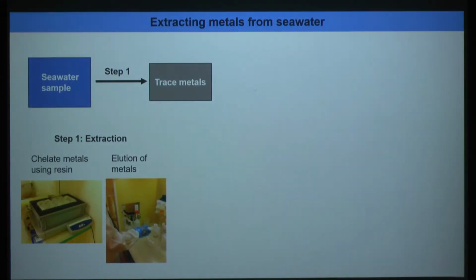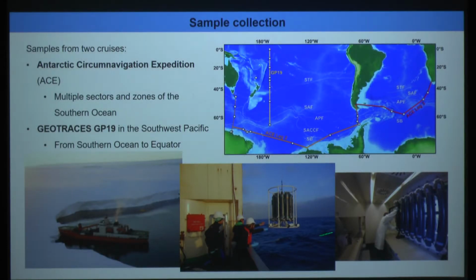Just a very brief slide on methods, how we do things. I don't know how familiar everyone is with this. So, well, initially we collect seawater on a ship with these trace metal clean rosettes, and you filter the water.